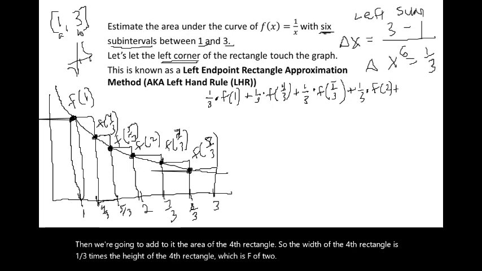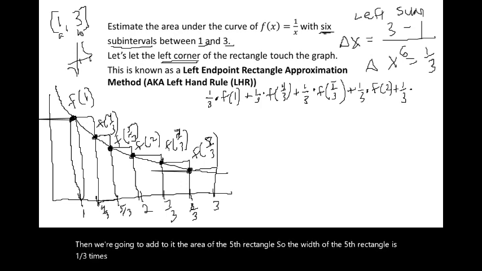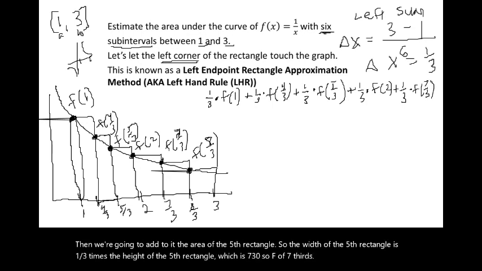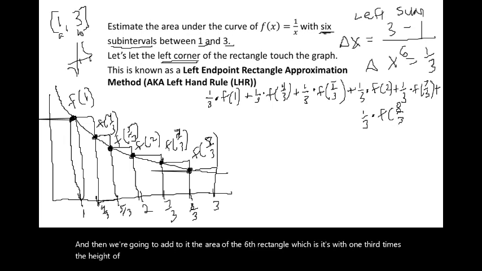Then we're going to add to it the area of the fifth rectangle. So the width of the fifth rectangle is 1/3, times the height of the fifth rectangle, which is f of 7/3. And then we're going to add to it the area of the sixth rectangle, which is its width, 1/3, times the height of the sixth rectangle, f of 8/3.